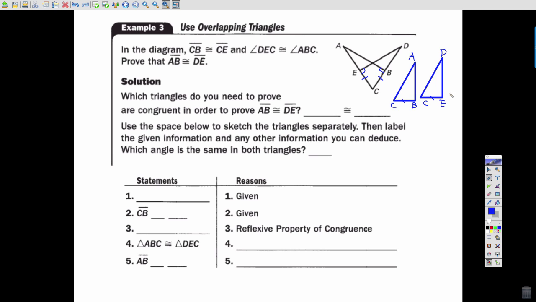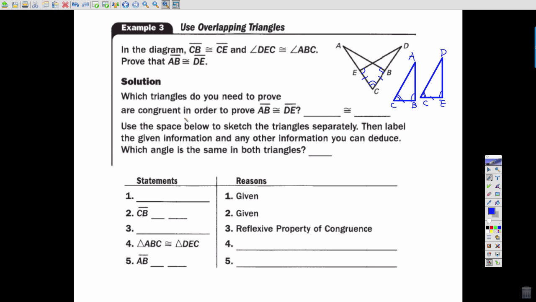We said angle DEC is congruent to ABC, which is this one, right? And notice that they also have a shared angle, which means angle C is congruent to angle C by the reflexive property. So without looking at the solution, I know now these two triangles are congruent because I have ASA. So let's see how they do it.